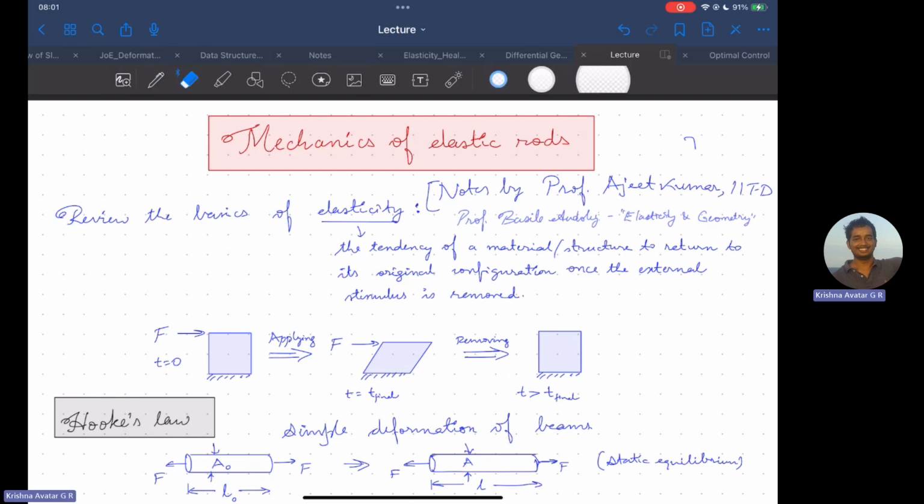This is one such comprehensive material, and then there are other books.